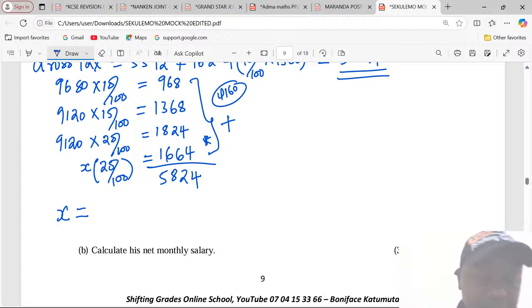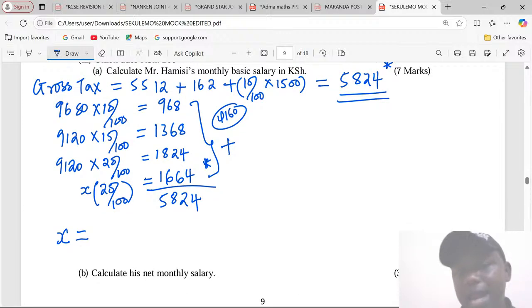A certain amount being taxed at the rate of 25% to give us 1,664, such that when we add up all the taxes, we shall get 5,824. So X shall be 6,656.